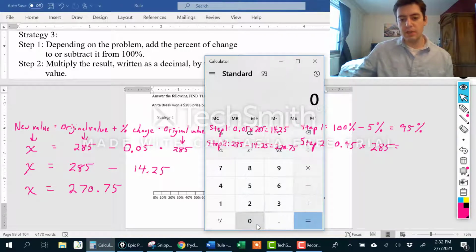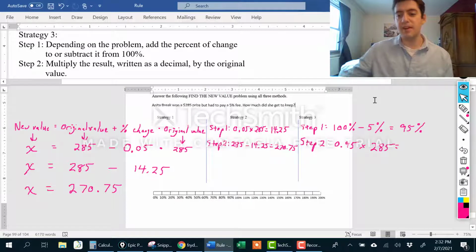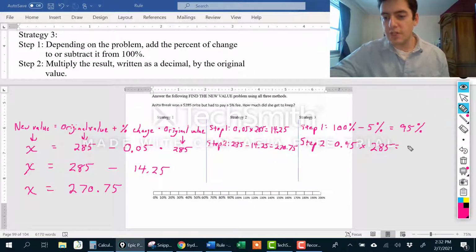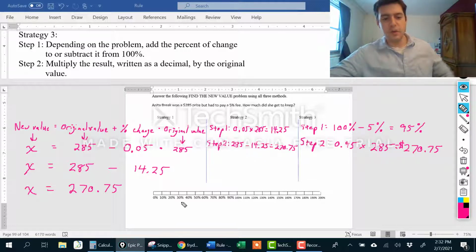Okay, so 0.95 times 285 equals 270.75. Same thing that we got before. Okay, 3 strategies that all give us the same result. Okay, let me put the dollar sign here because we are talking about dollars here. All right, but it was the same for all of them.